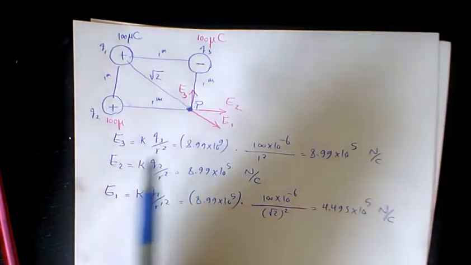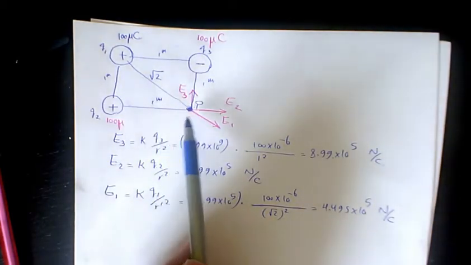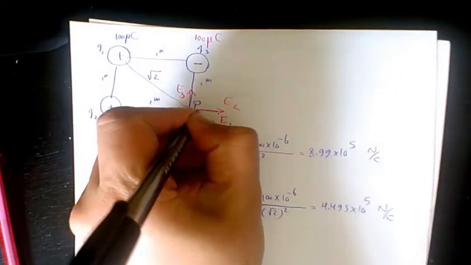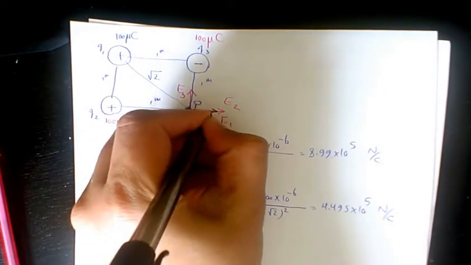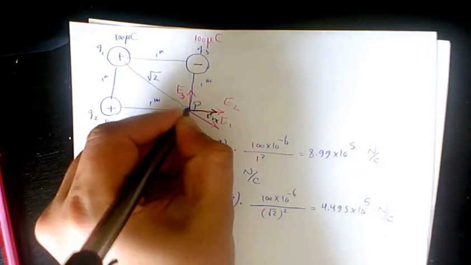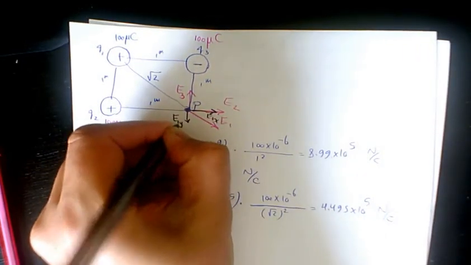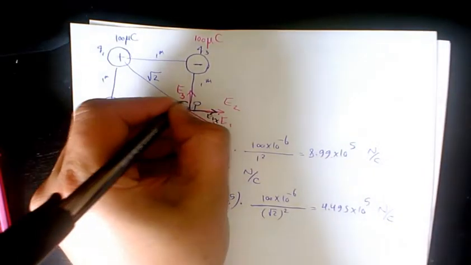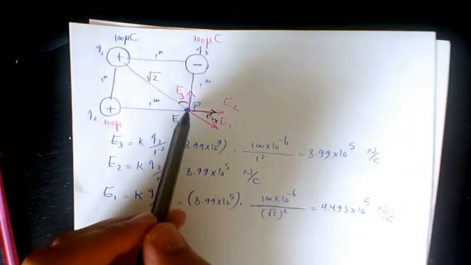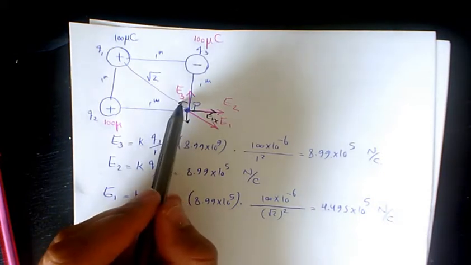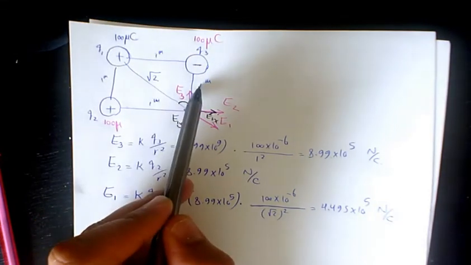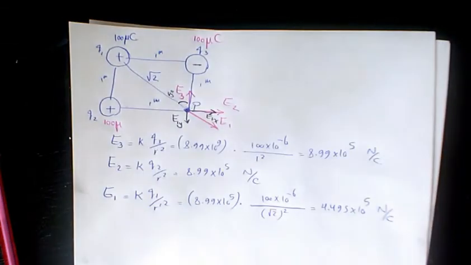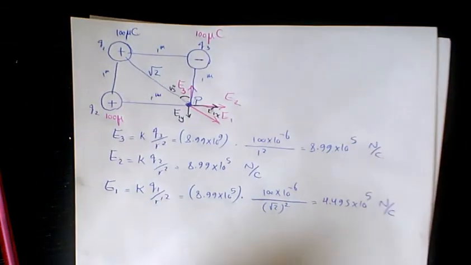So now in order to find the net E, I need to decompose the E1 into E1x and E1y. And in order to find it, we need to find this theta. It is obvious that the opposite and adjacent are the same, so it means that we are dealing with a 45 degree angle.